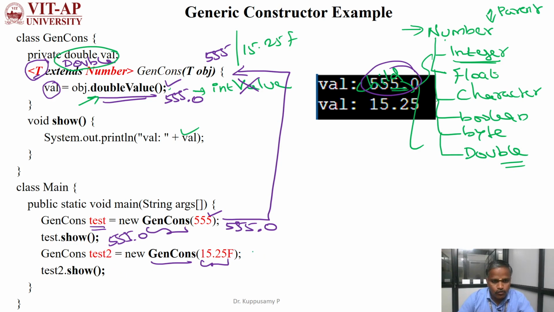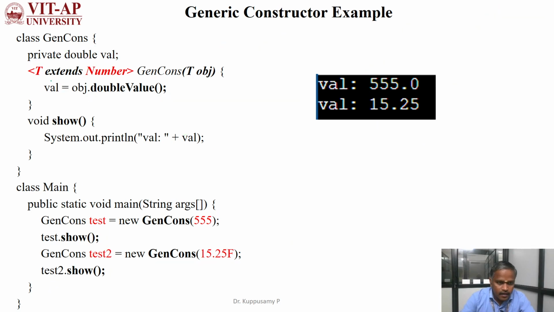Now it stores the 15.25 value, then displays 15.25 when you call this method. That's what is displayed here. So a generic method can be declared by extending the parent class with the type variable. That is also one of the methods here.